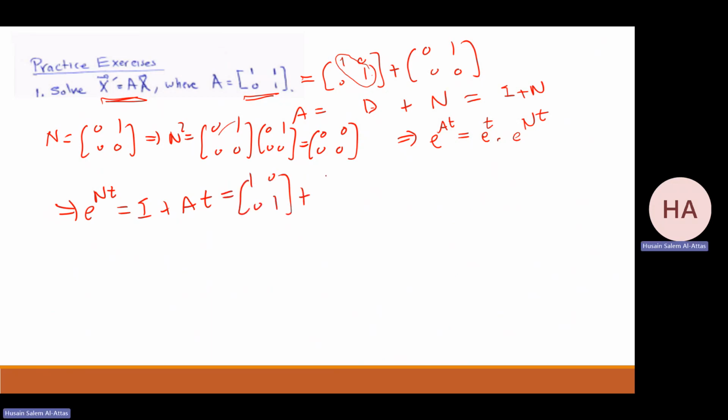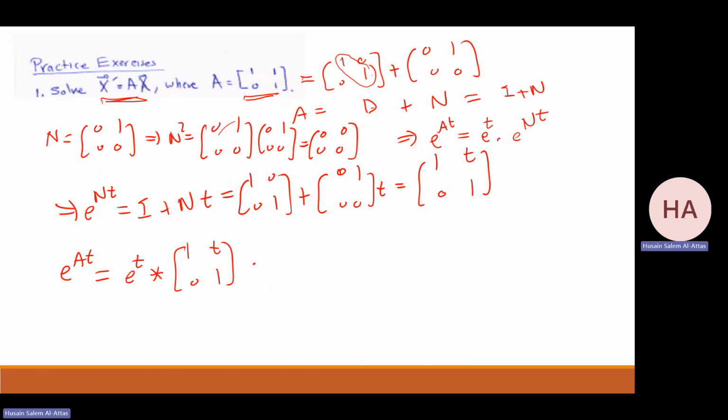That is 1 0 0 1 plus N, which is 0 1 0 0, times t. So it's 1 t 0 1. That will be my e to the power Nt. So e to the power At is e to the power t times this matrix.